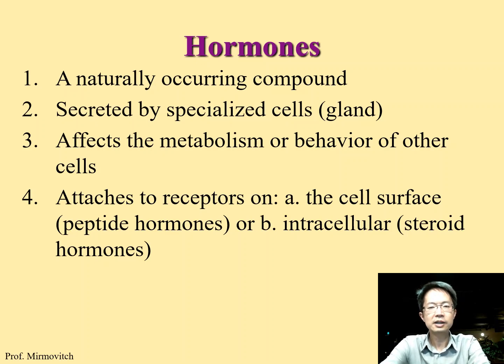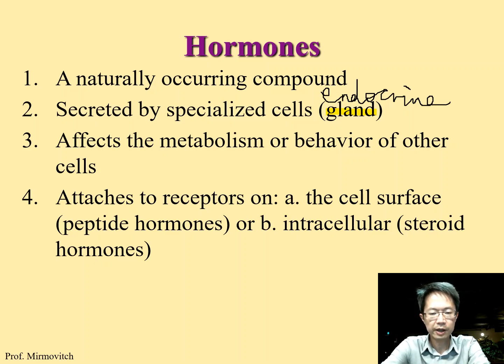So as I said, the steroids make hormones. Hormones are naturally occurring compounds. They are secreted by glands. We call them endocrine glands. Usually hormones affect the metabolism or behavior of the cell.